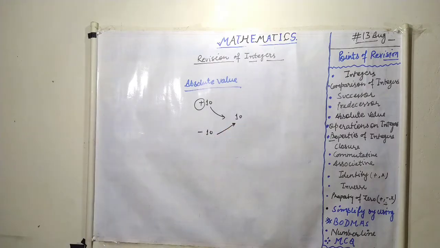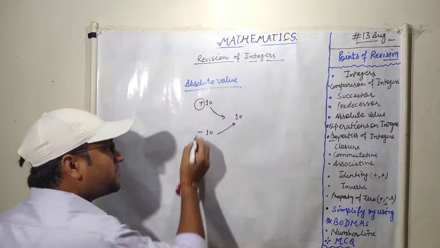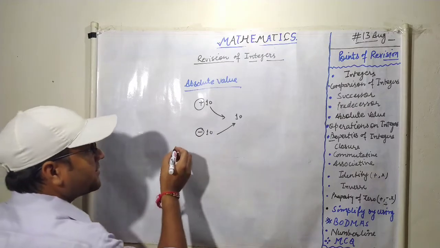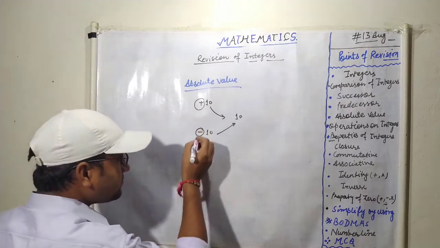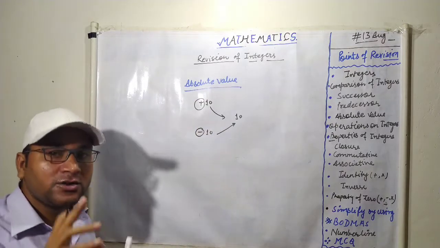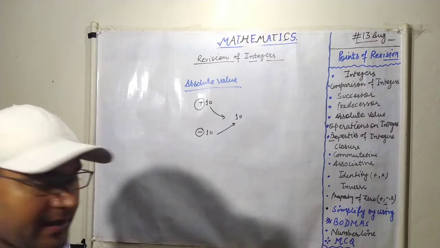So the absolute value of an integer is its numerical value regardless of its sign, without taking the sign. The sign of absolute value is represented by two vertical parallel lines.